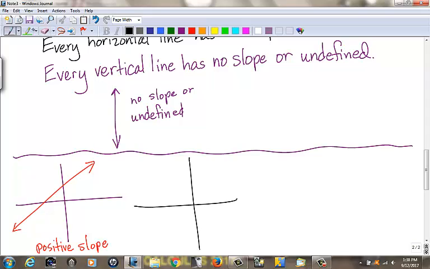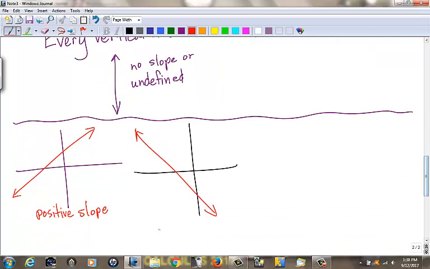Okay, if a line tilts anything in this direction, it's a negative slope. So you can kind of check your answers. If you graphed a line like that and said it was a positive slope, you know that's wrong. Okay? And then our 2 special cases.